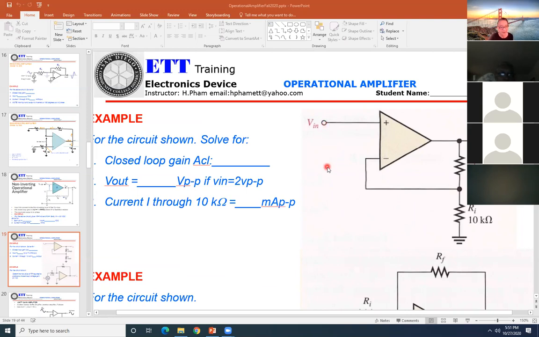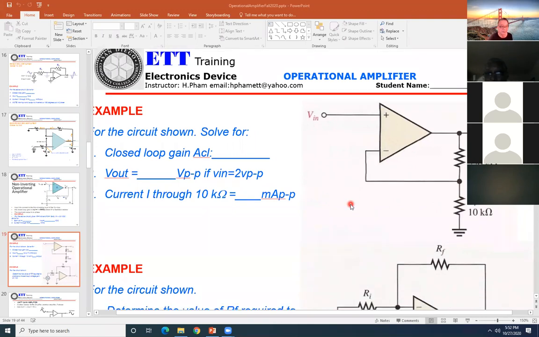Then they can ask you the current going through this 10 kilo ohm. V in here, they gave you 2 volt. This 2 volt here means you get 2 volt here. So you get 2 volt at this side, a ground on the other side. Then the current I equals 2 divided by 10K. That's what we did yesterday.